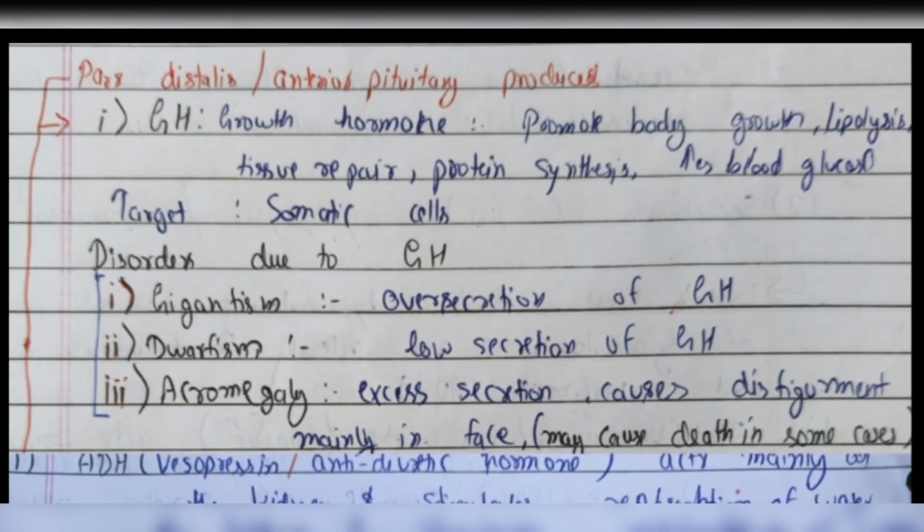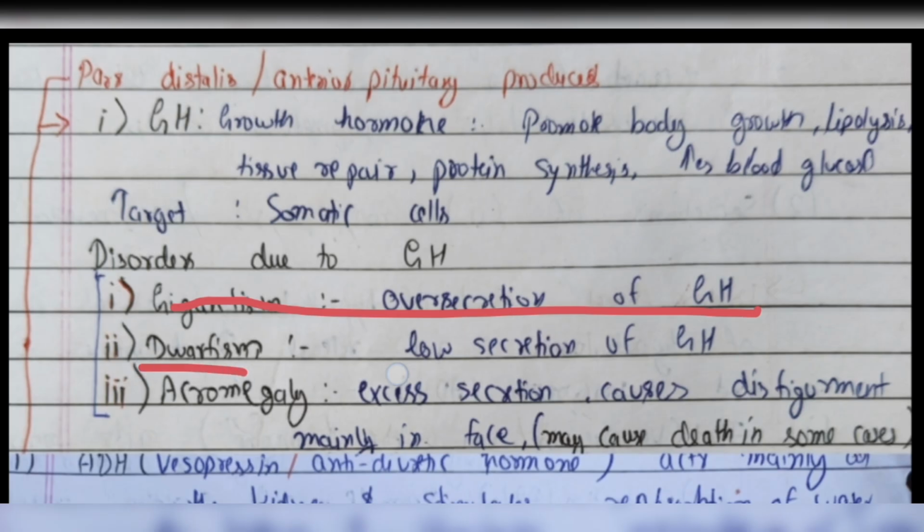So let's start with the first part, that would be the pituitary disorders. As you know, pituitary has mainly two parts, anterior and posterior pituitary. Anterior pituitary, meaning pars distalis, has many secretions. Some disorders given would be the GH or growth hormone related disorders.